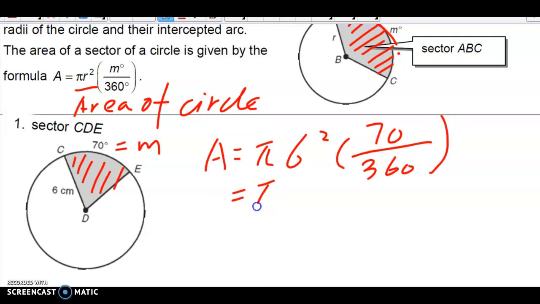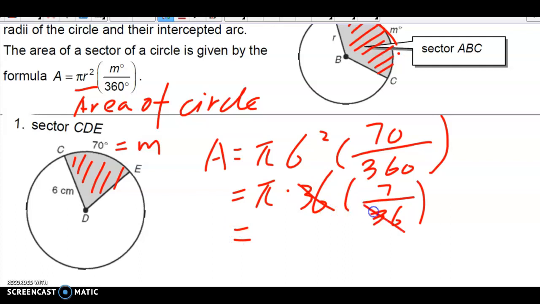That's pi times 6 times 6, 36, times 7 over 36. I cancel like 0. And then 36 cancels out. That's 7 pi. Don't forget the unit, which is centimeters squared, because this is the area.